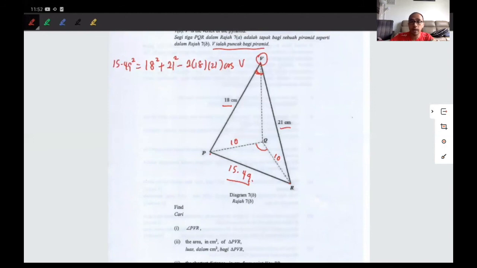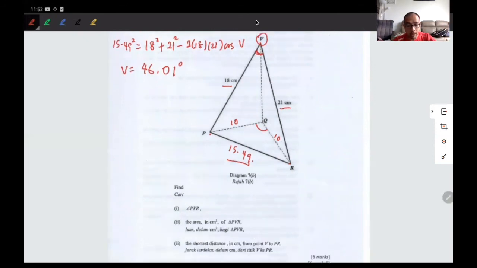Once you've done that, you will get 46.01. So V equals to 46.01 degrees. Sorry, I'm referring to the answer because it's almost time and I don't really want to waste time showing you the working. Please work out the working on your own. Saya hanya memberi kamu bantuan saja.